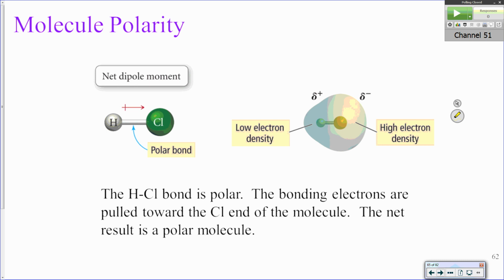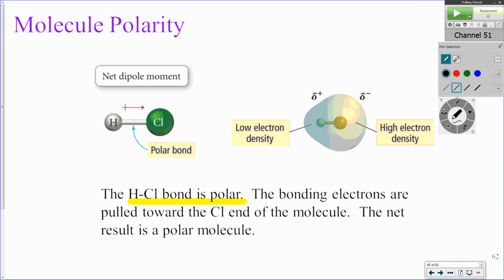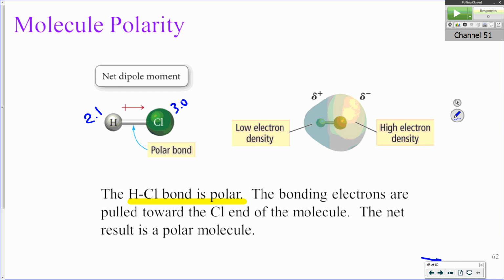So here's just a simple example. Here's the hydrochloric acid molecule. It is a polar bond because of the difference in charge separation that occurs. If we look at the electronegativity differences, chlorine is 3, hydrogen is 2.1. That means that the electron density is attracted around the chlorine atom.